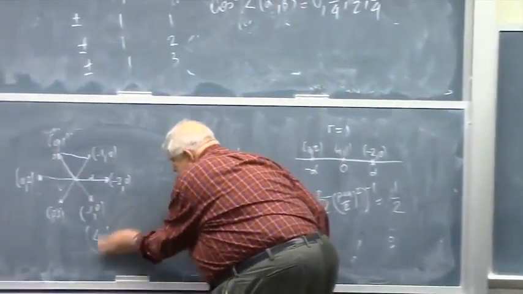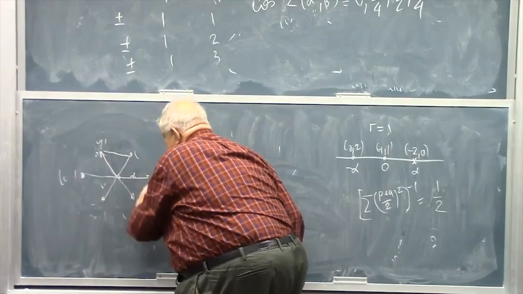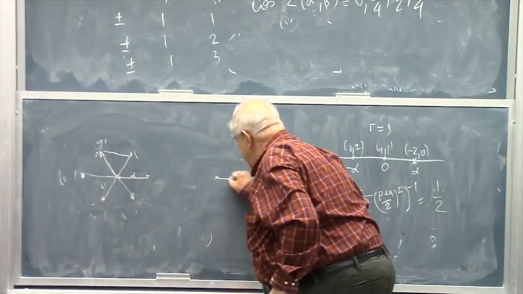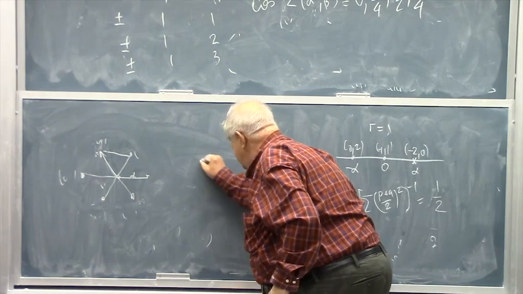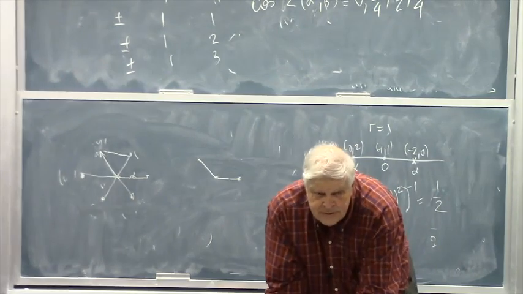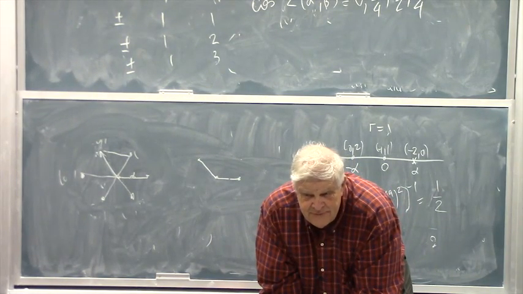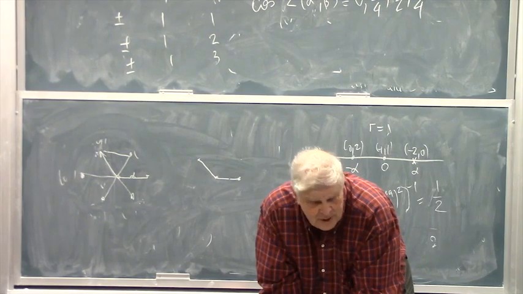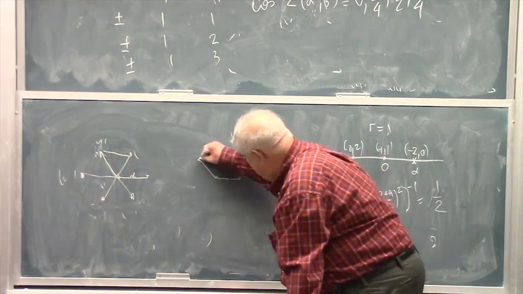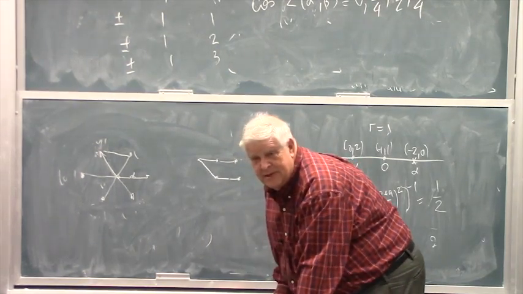I will erase this simply to make some space. The angle is 135 degrees. The ratio of length is square root of 2. Okay? At any moment you can interrupt me with questions. We must have this.